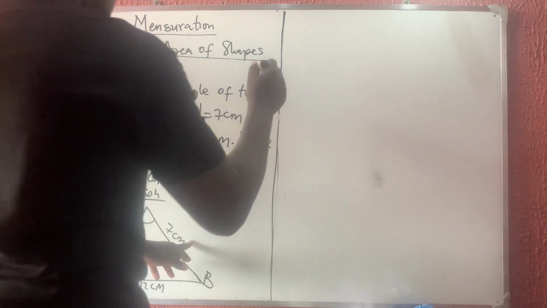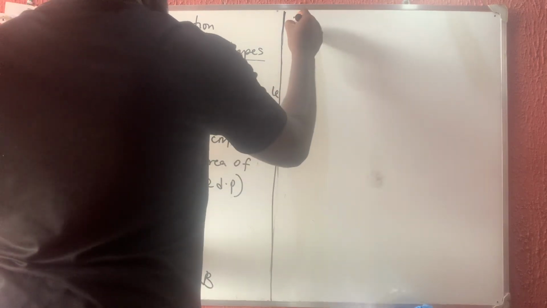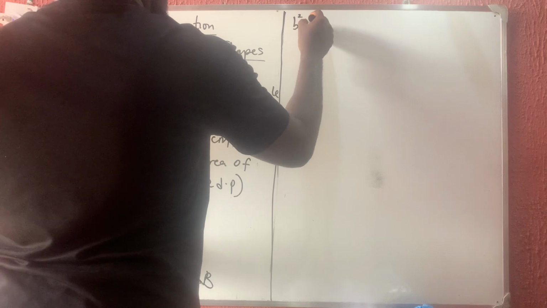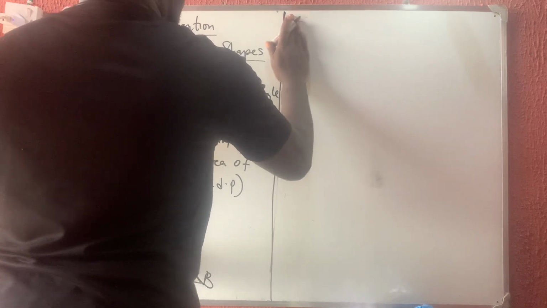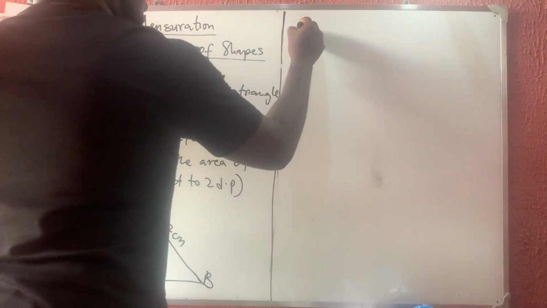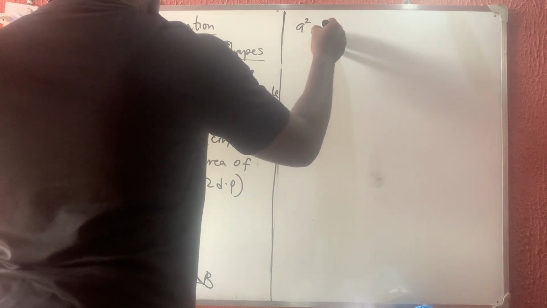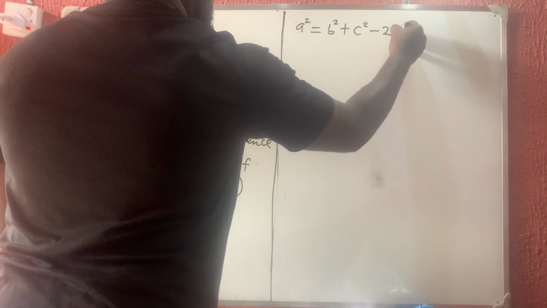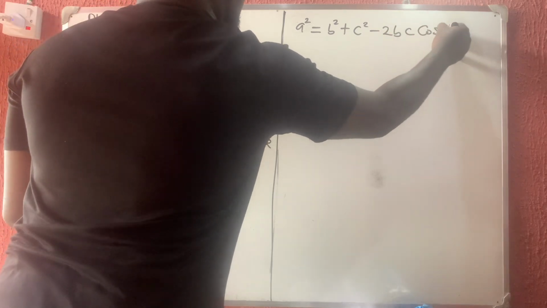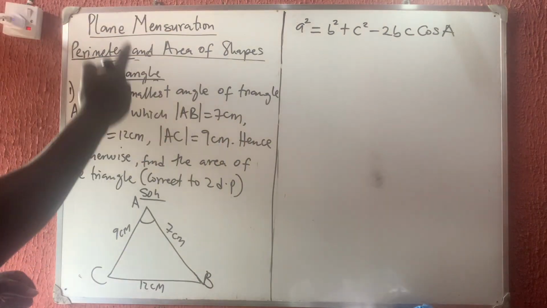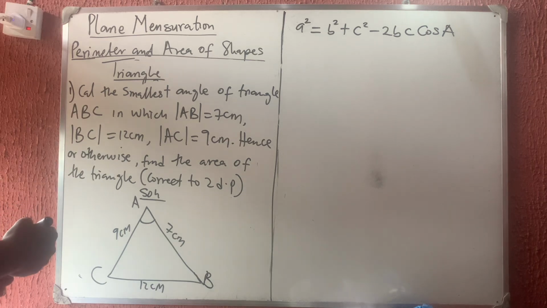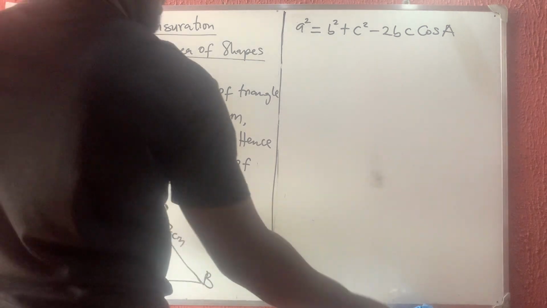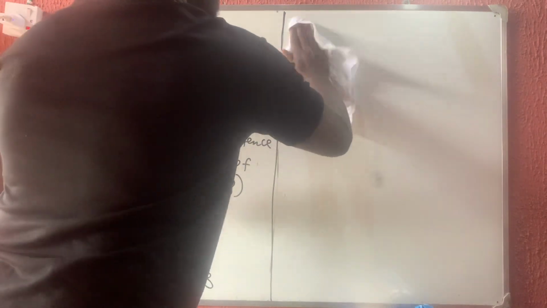So A squared, the side that is opposite, is equal to B squared plus C squared minus 2 the same B the same C, then cos A. You can use this one or the other one I said before. Any of them will still give you the same answer. So let me use the other one.